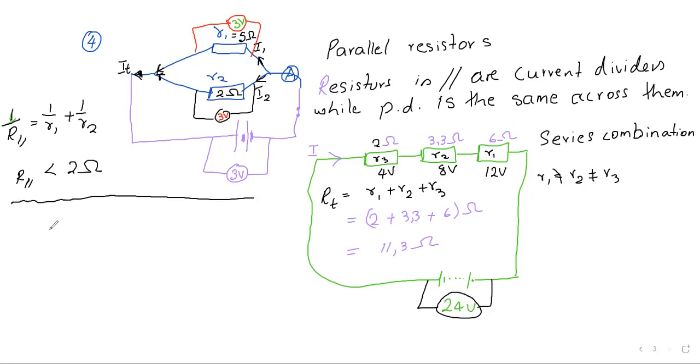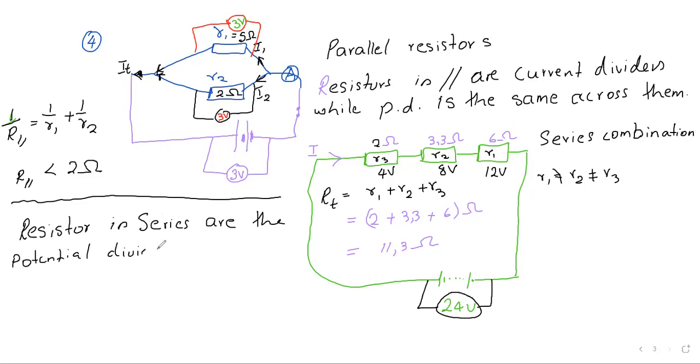Now, we simply say resistors in series are the potential dividers, while the current is the same through them.